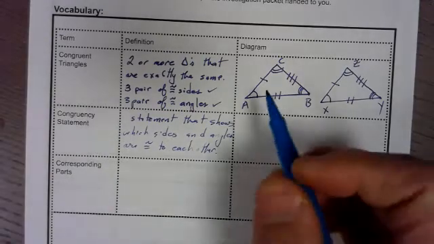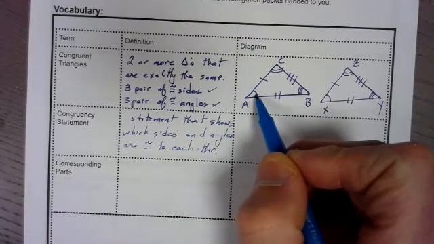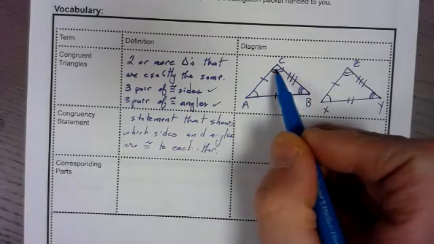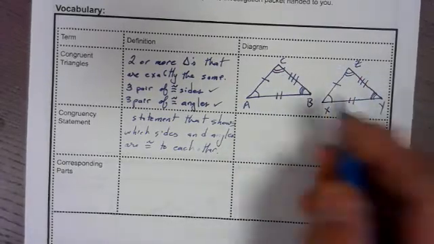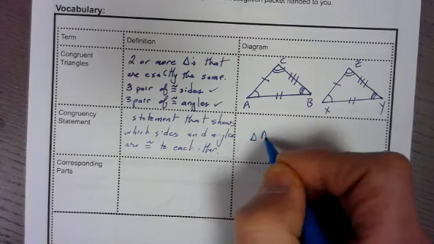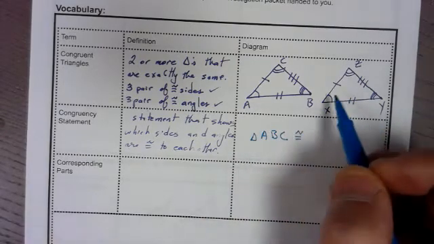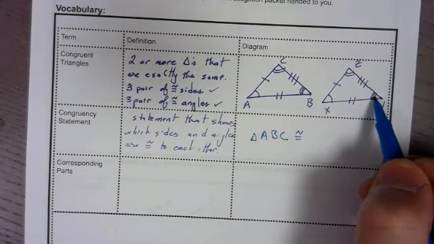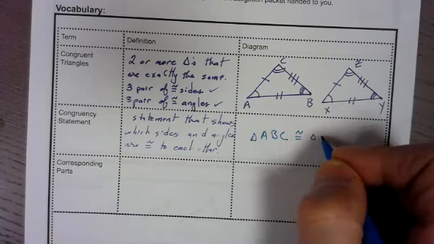So here, if I look, I have A has one arc on the angle, B has three, and C has two. So I need to go in the same order in this triangle here. So if I were to say triangle ABC, that's going to be congruent to one arc to three arcs to two arcs, X to Y to Z. It's got to be in that same order.